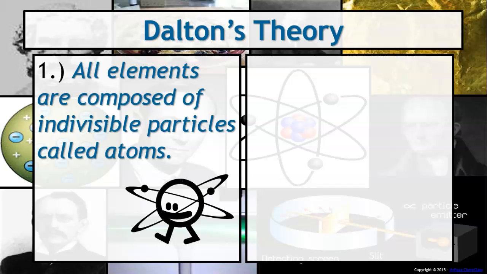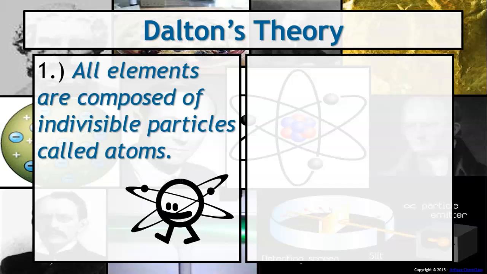During John Dalton's time, scientists did know that there were these substances called elements, things like oxygen, nitrogen, carbon. They didn't necessarily know the entire 118 elements that we know now. In fact, they definitely did not know about all 118 of them.